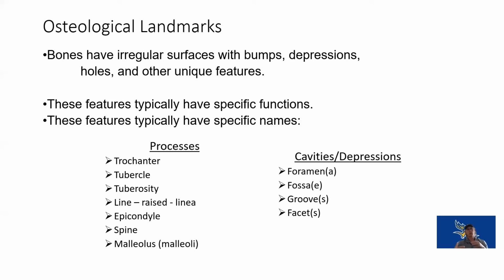We might have somewhere where something like an artery or a nerve is going to go through. So these are points, locations along the bone where we have specific functions that need to be achieved.